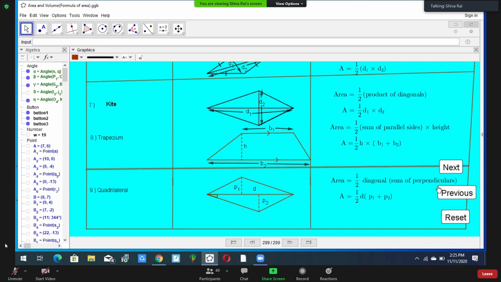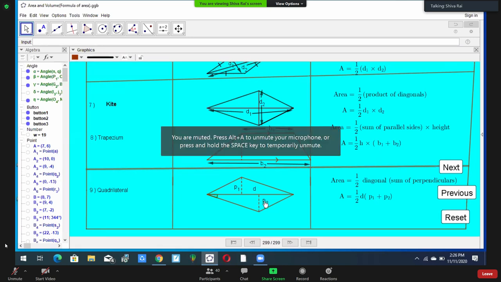Formula: area equal to half diagonal into sum of perpendiculars. You look at the perpendiculars here. P1 means first perpendicular and P2 means second perpendicular. Perpendicular must be 90 degree. Don't forget, if it is not 90 degree, it cannot be perpendicular.